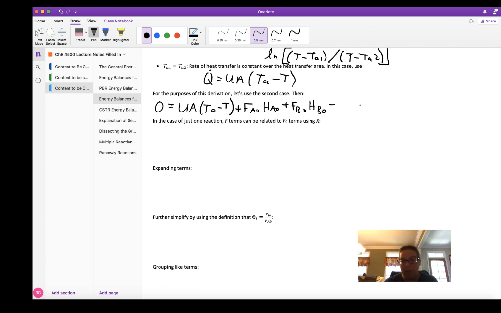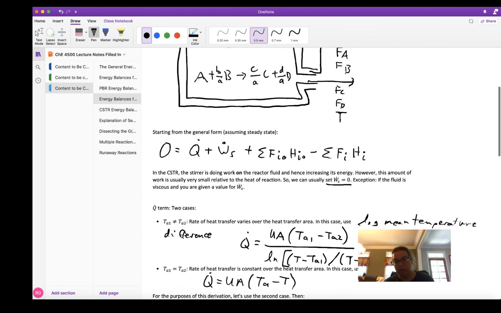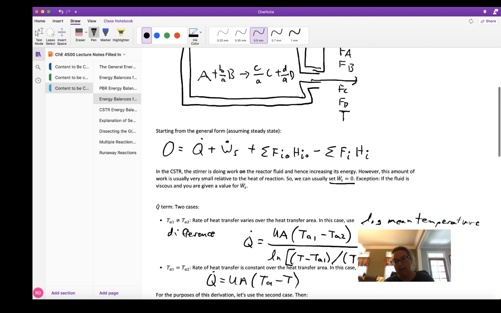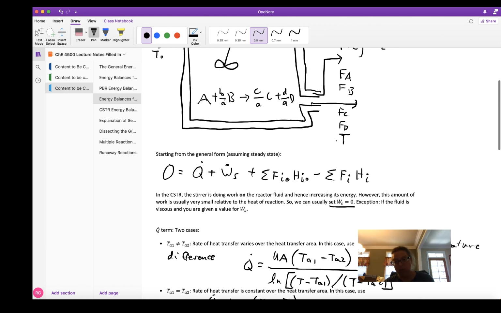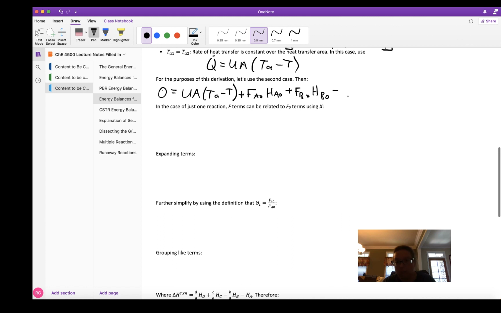And then coming out, we have all of the different species, A, B, C, and D. And since the temperature has changed, they're going to be at a new enthalpy. So we can say minus FA HA minus FB HB minus FC HC minus FD HD. And that's the energy balance for this particular CSTR.